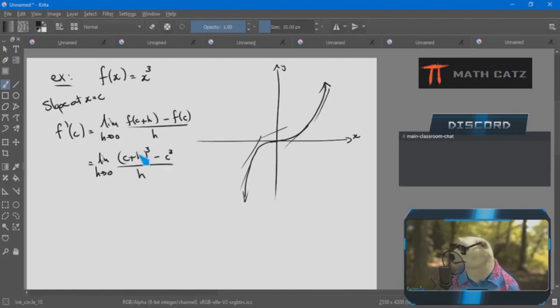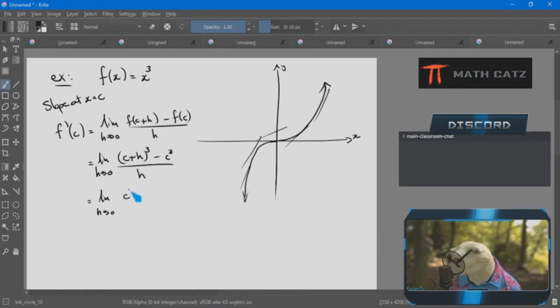Now I have a bracket cubed. Now we can, maybe on the side here, c plus h cubed. Maybe you remember how to do this. Maybe you want to look it up. Maybe you want to multiply all the brackets and FOIL them out. When you FOIL them out and simplify them, you should get, actually I'm not going to do it in the line. There's no need to write it twice.